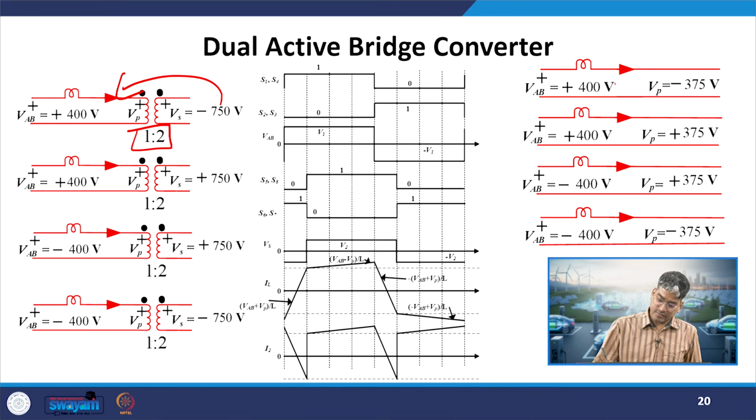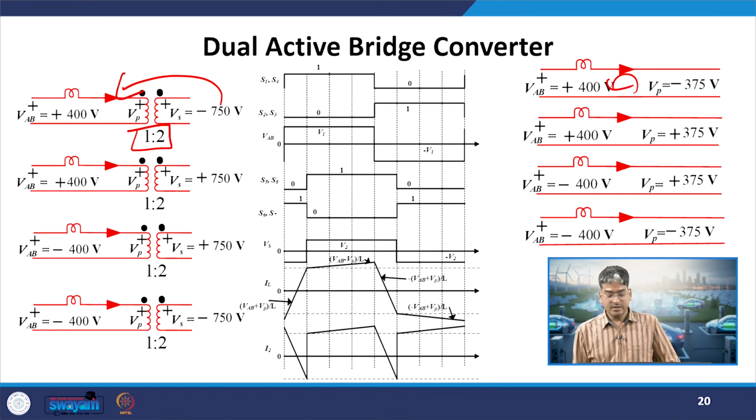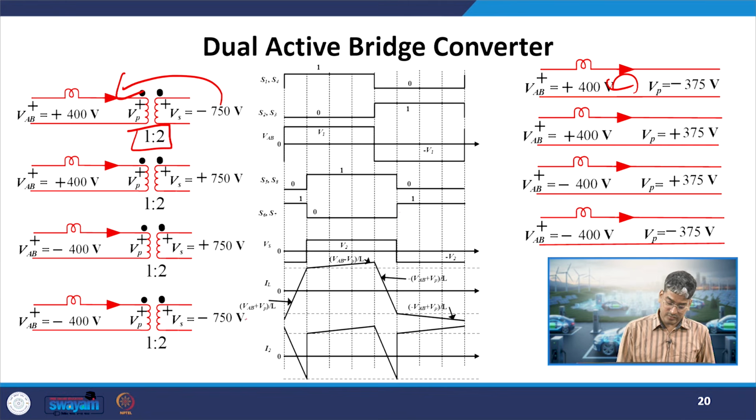So, if I apply KVL in this loop now, in the same way which we have done in the last discussion, I will observe that in mode 1 the voltage will be equal to the addition of VA plus the reflected secondary side voltage, that is VP by L. Now, instead of 400 into 2, that was 800 in the previous case, the slope will decrease to some other value which will be equal to 775.